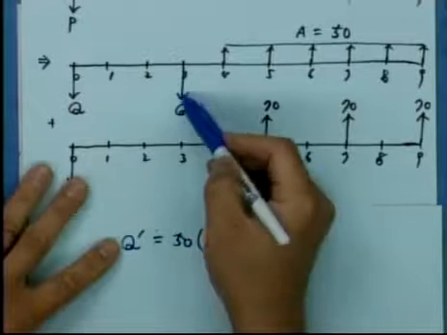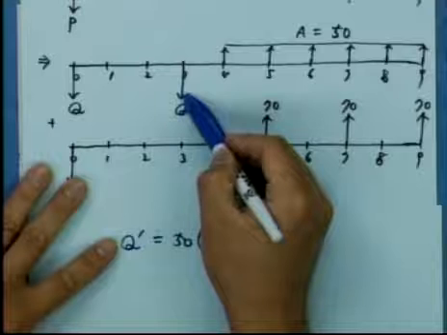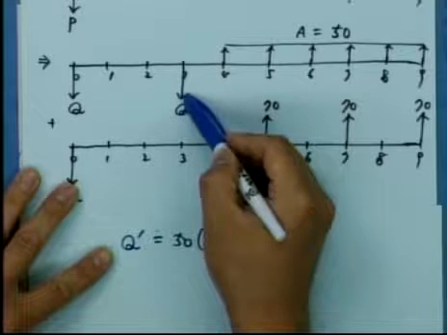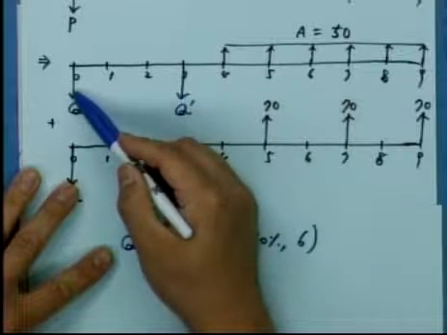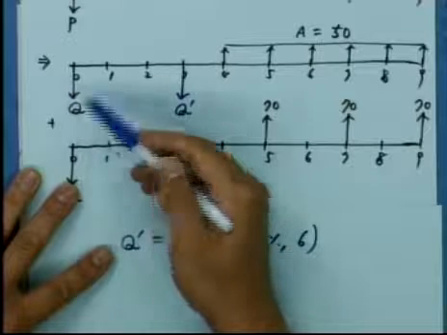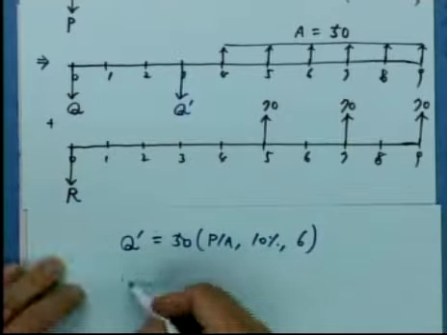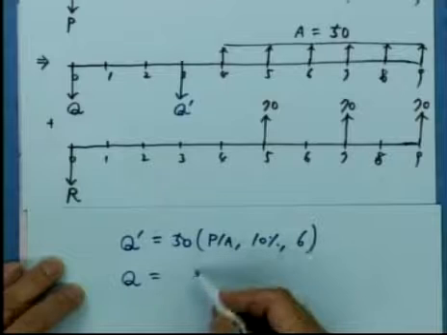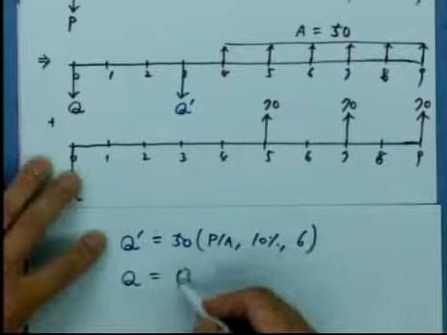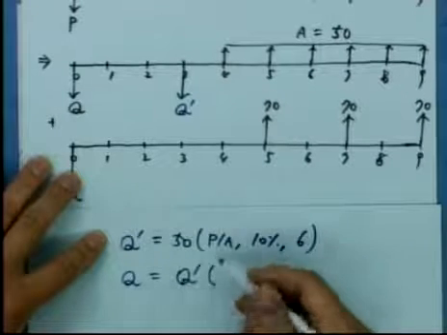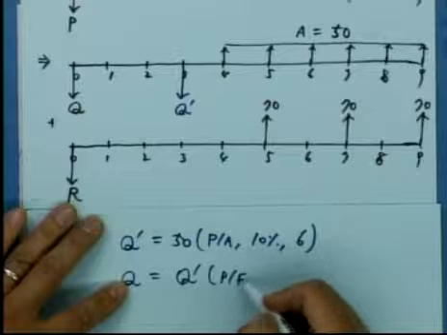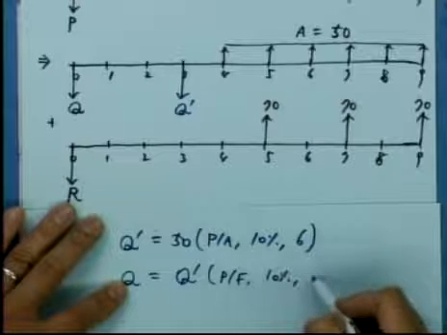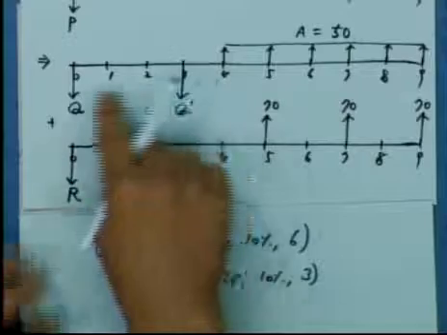And then this Q prime will be converted to an equivalent present sum of money Q. So Q equals Q prime times P given F 10% over 3 periods, right?